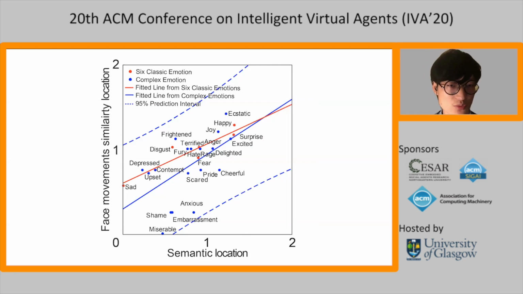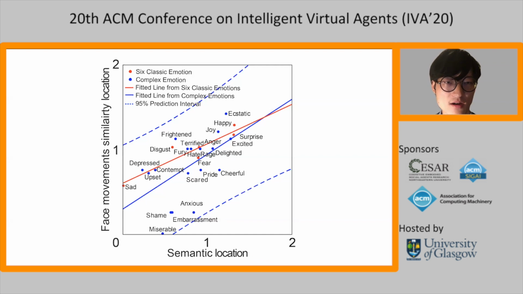To test that, we scatter plot all the emotions based on, firstly, their location of expression similarity mapping, which is exactly the cell with maximum correlation in the distribution pattern figure, and also their semantic location, which is the rating of emotion words from the semantic rating data sets.